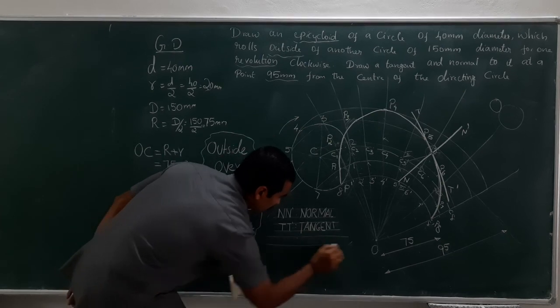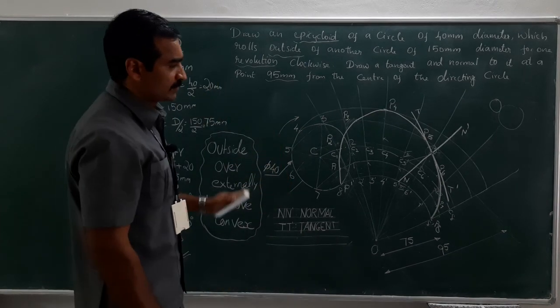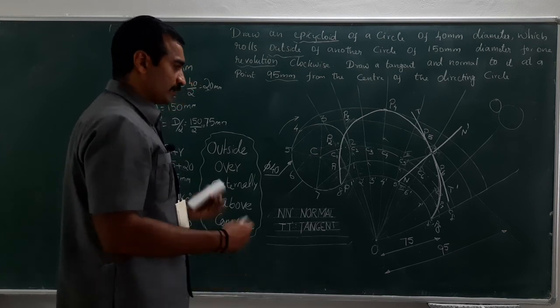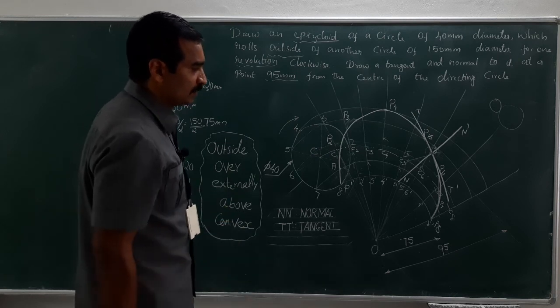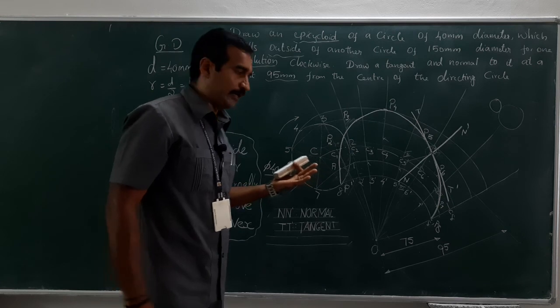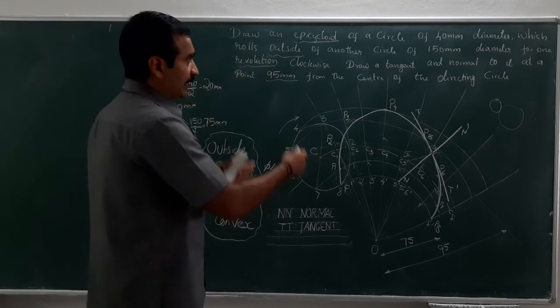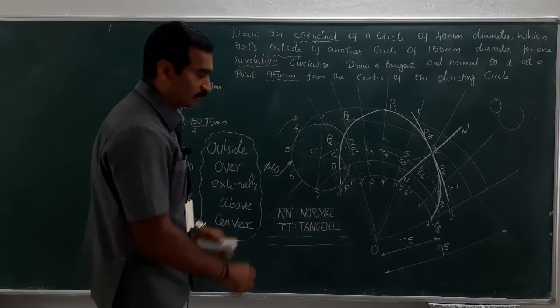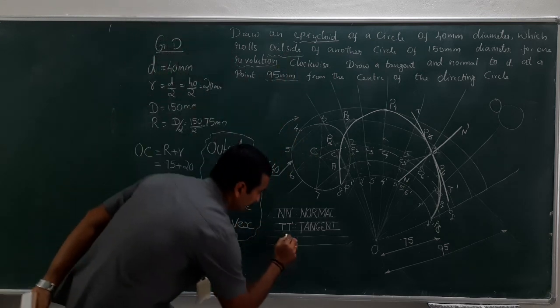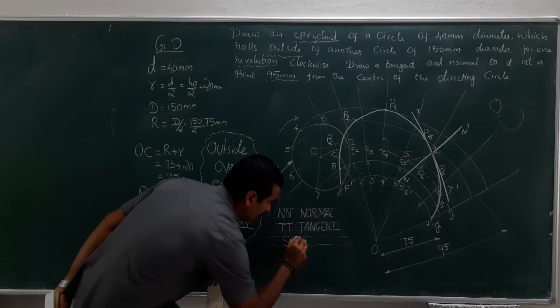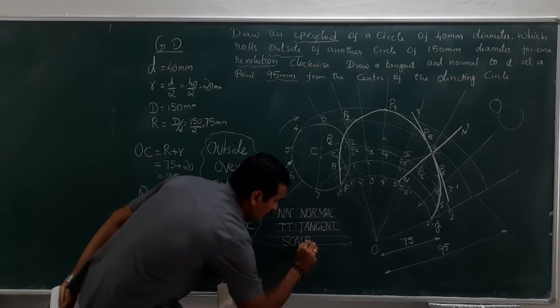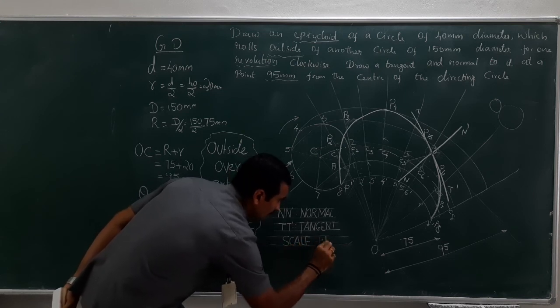Then the scale which you have considered. Since I haven't considered any special scaling, that is the reduced scale or the enlarged scale, as it is, I have taken the dimensions given in the diagram. Therefore I use the actual scale, which is nothing but the true scale 1:1.